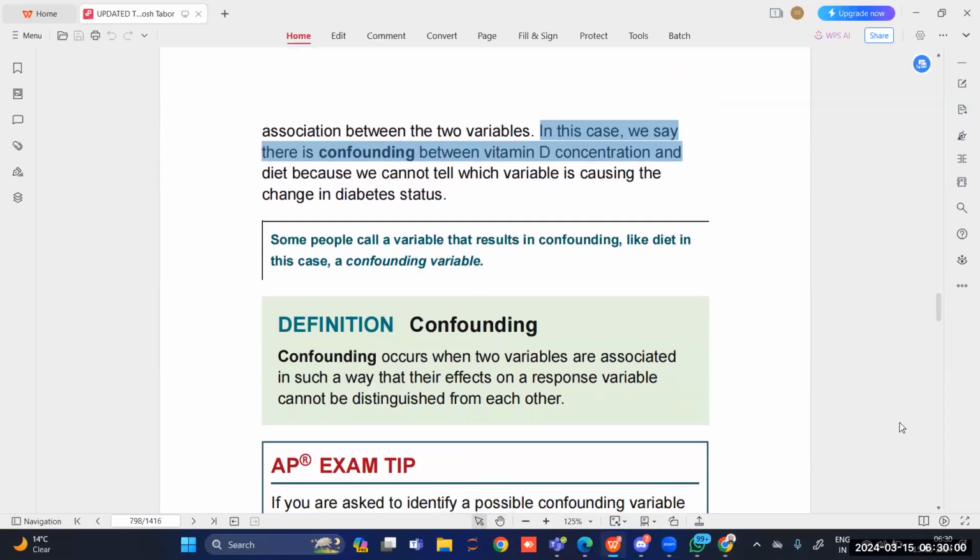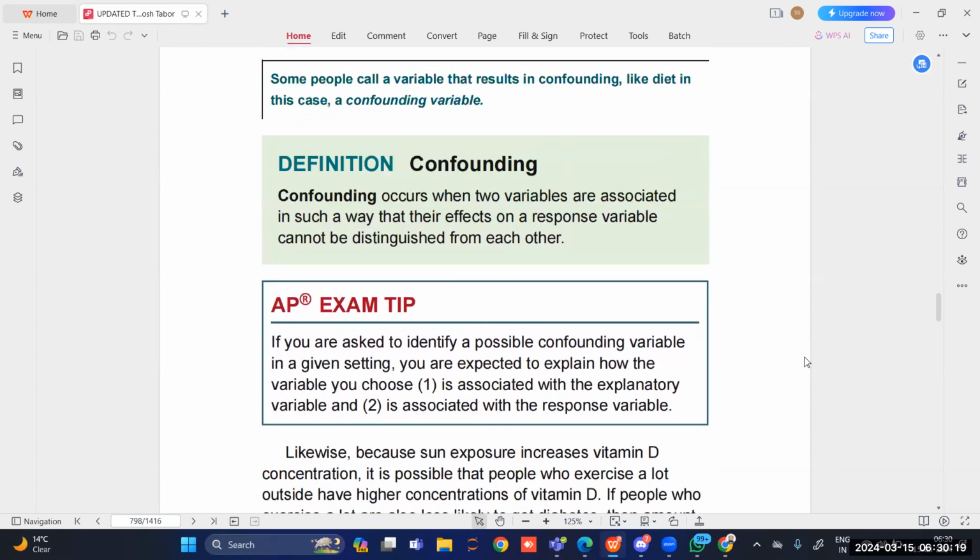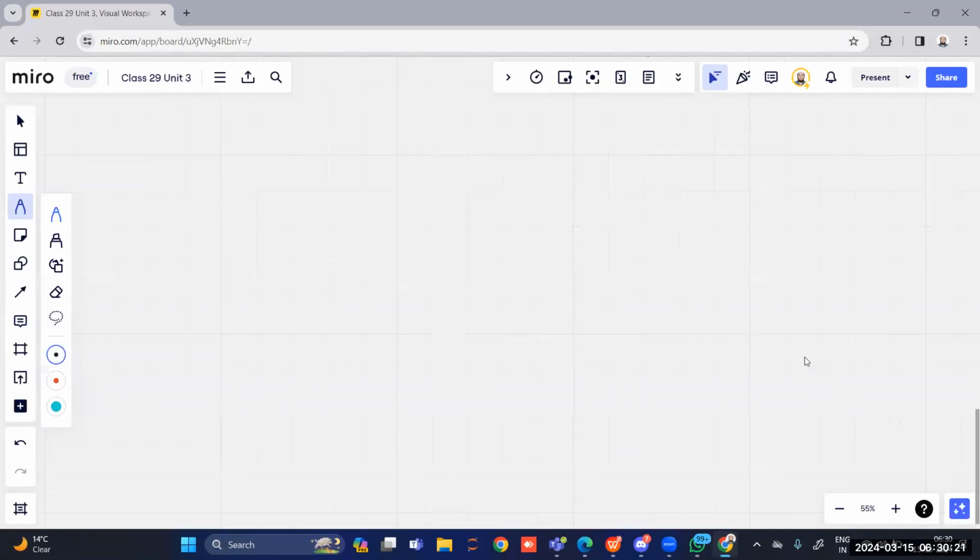So that was confounding. Confounding occurs when two variables are associated in such a way that their effects on a response variable cannot be distinguished from each other. Meaning if something is affecting the response variable, we cannot distinguish whether it is affecting it or not. Is it clear? I'll write it down.